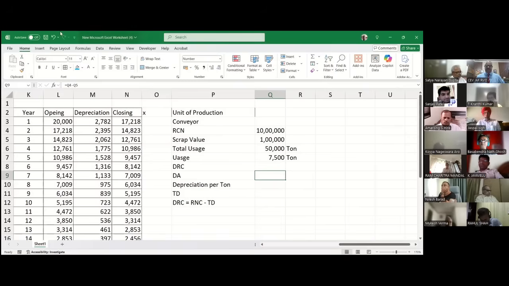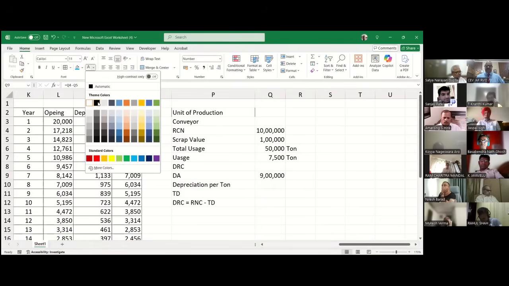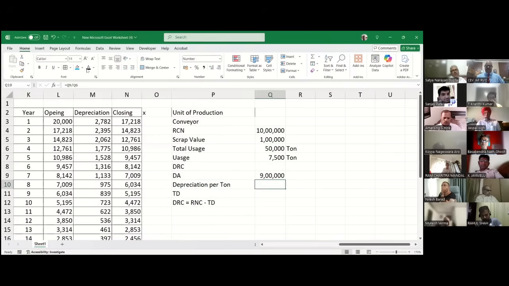डीए क्या आया? डेप्रिसिएबल अमाउंट 90,000. डेप्रिसिएशन पर टन। 1 टन यूज होगा तो कितना डेप्रिसिएशन लगेगा? 9 lakh divided by 50,000, 18 क्या आएगा? 18. हाँ, yes। टोटल डेप्रिसिएशन कितना हुआ है? टोटल 1,35,000. 18 into 7,500.